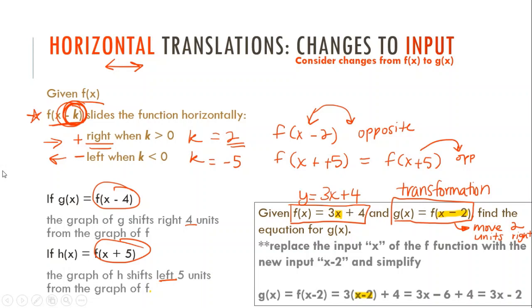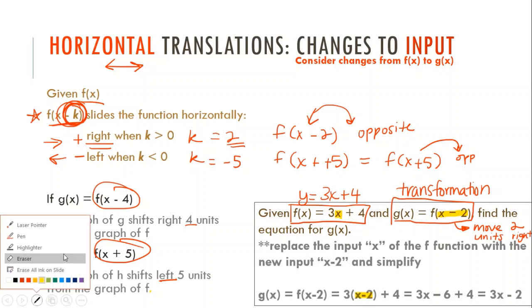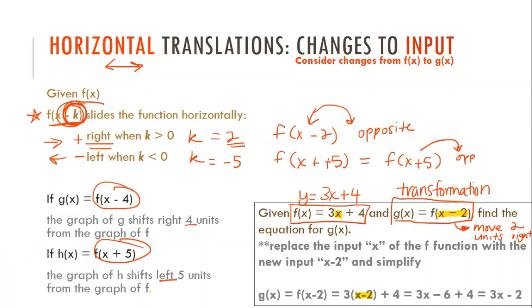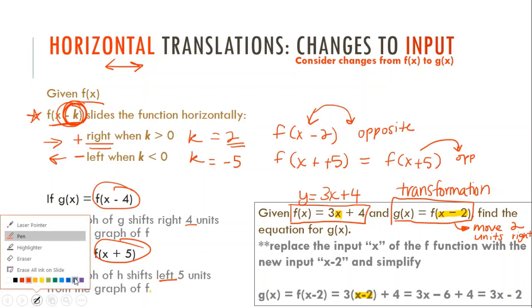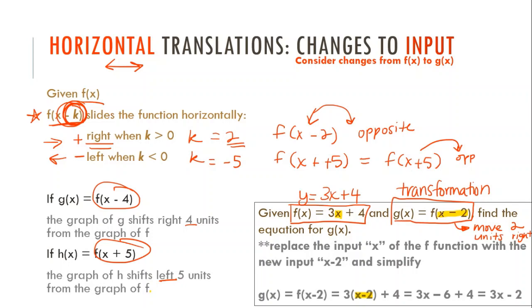And I'll draw one more arrow just to reiterate my change here. I'm taking this value and plugging it in for this x. So the 3 stays the same and the 4 stays the same.